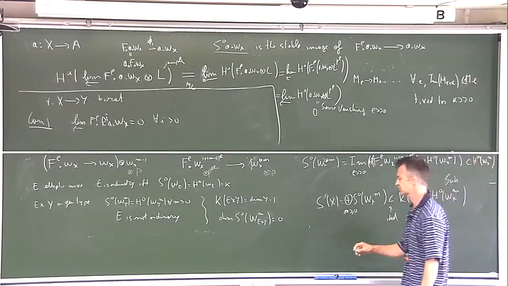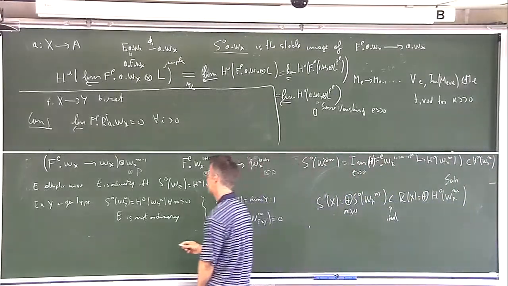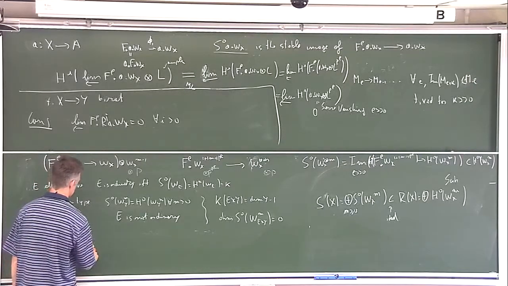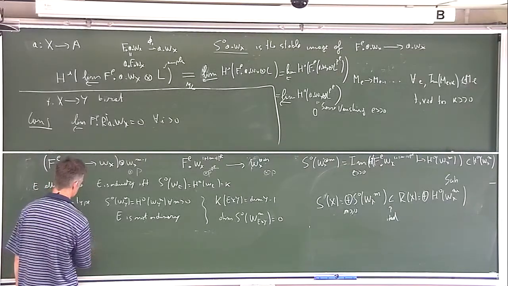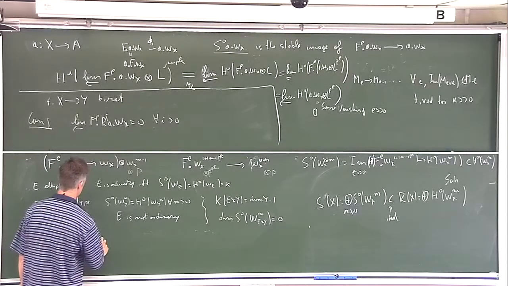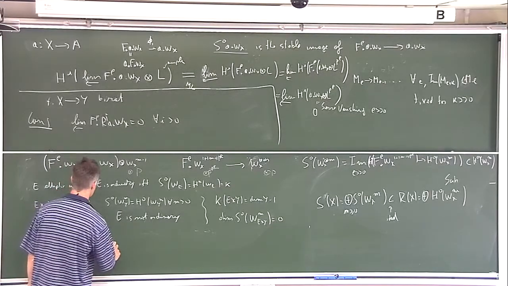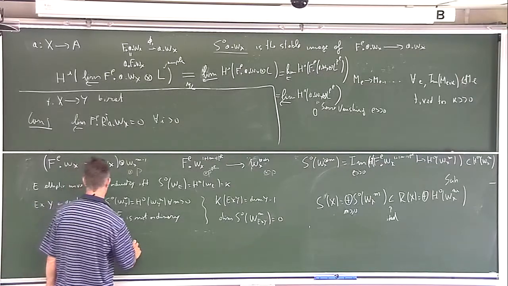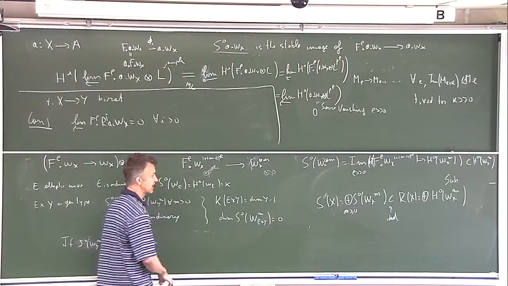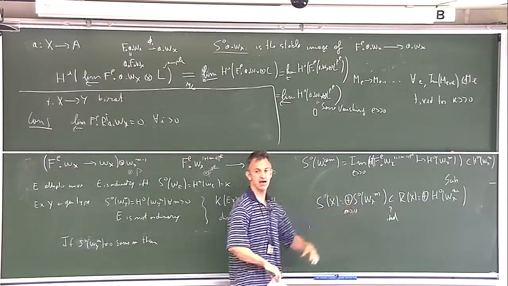Another thing that follows from this observation is that if S0 of omega y to the m is non-zero for some m, then essentially these two rings have the same size.